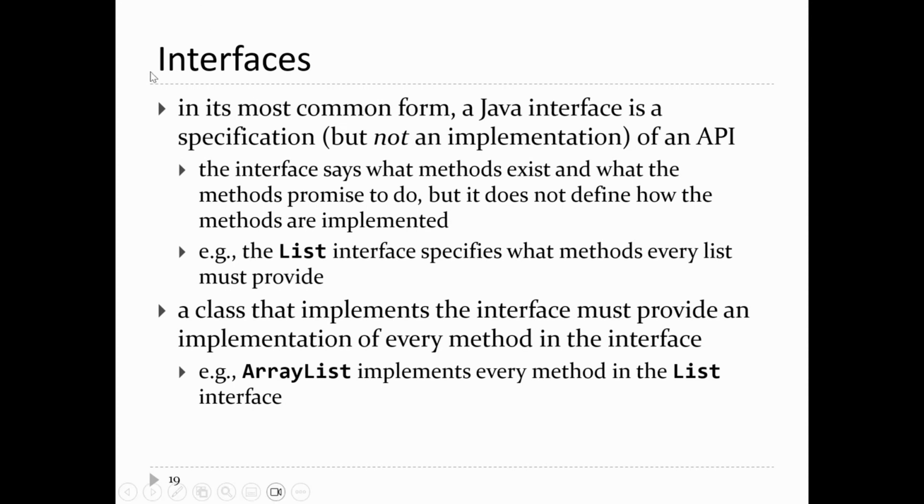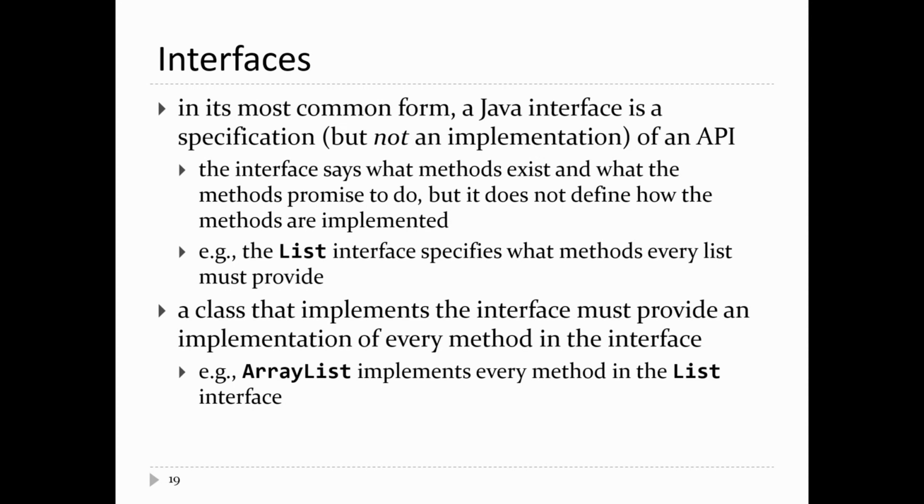So the list is what's called, in Java, an interface. We haven't seen these before in the course. What an interface is, it's a specification, but it's not an implementation of a type.